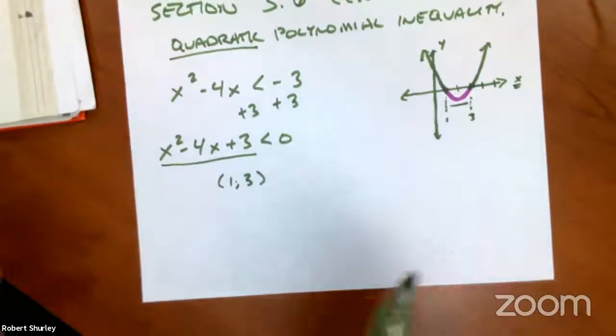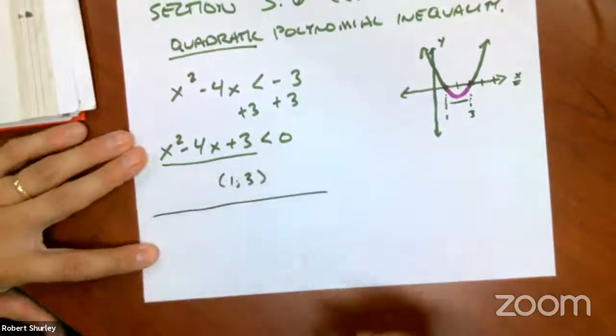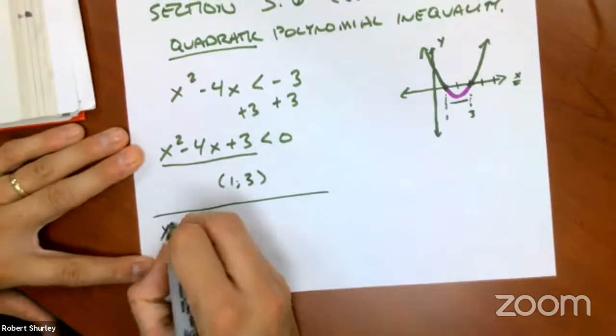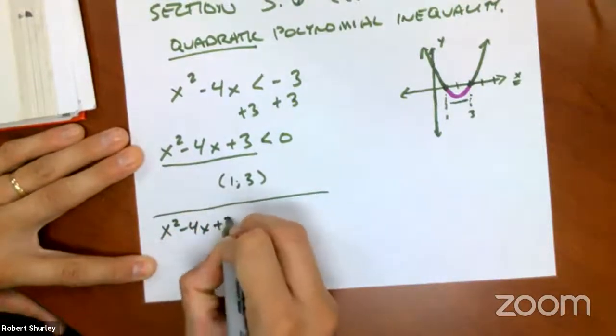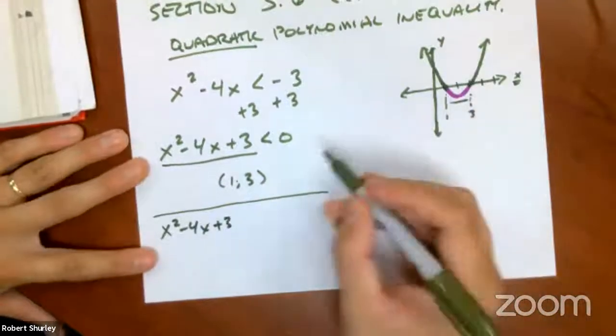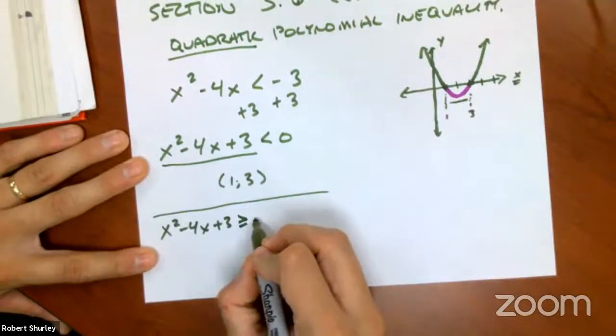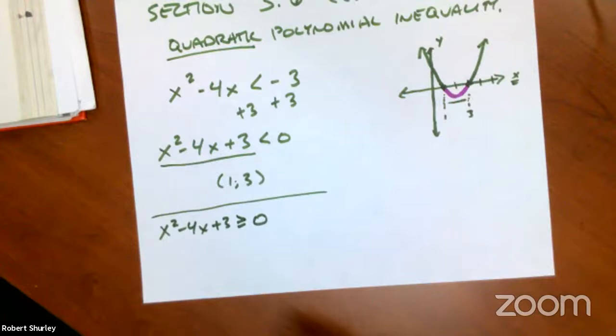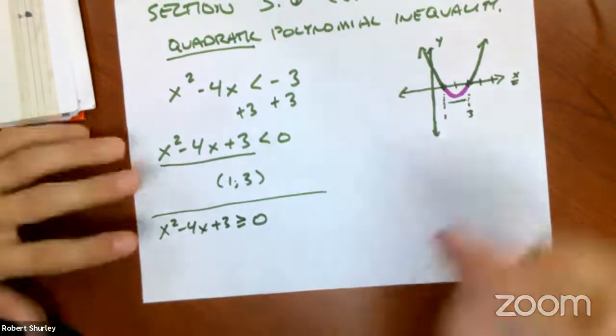Okay, now I'm going to use this same graph, and I'm going to ask a different question. Same function, x squared minus 4x plus 3. So we don't have to graph it again. But now I'm going to ask, where is it greater than or equal to 0? Now look at this.